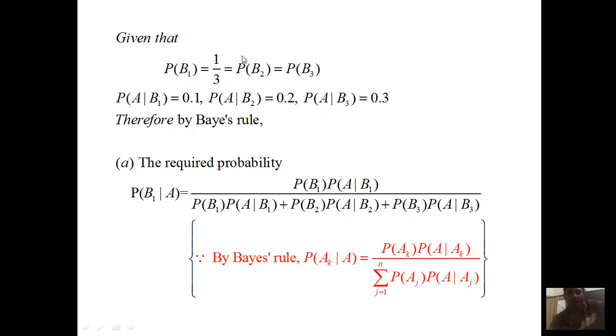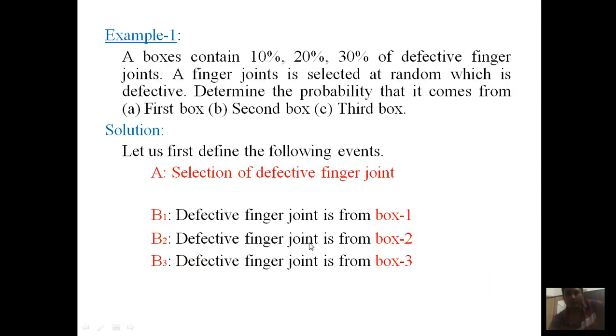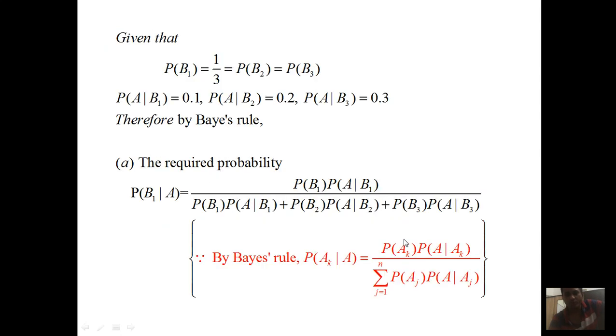Similarly, when we find the probability of B2, at that time our favorable outcome is box 2, so again there is only one favorable outcome and the total is still 3, so probability of B2 is again 1/3. By the same strategy the probability of the third box, P3, is also 1/3.